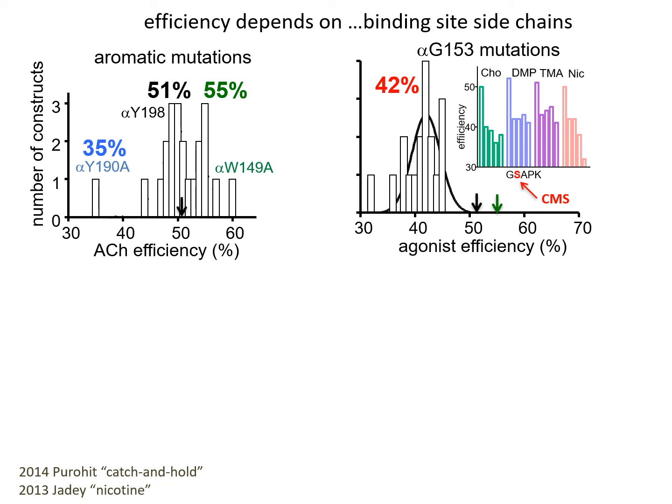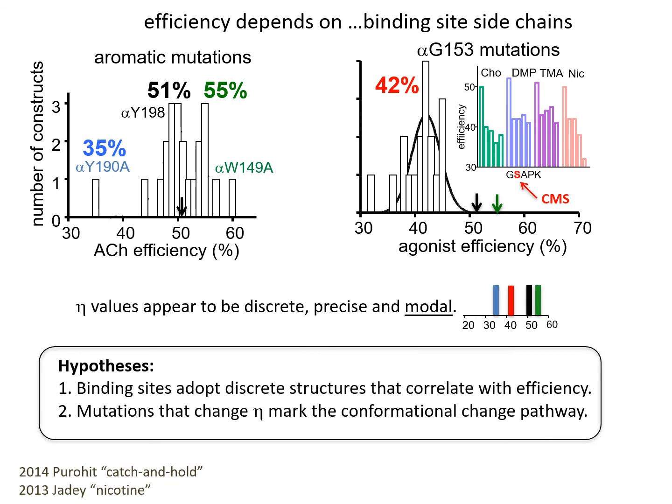So these mutants appear to change efficiency in a modal way. So in addition to being discrete and precise, I think it appears that the resultant efficiencies following mutations are modal.